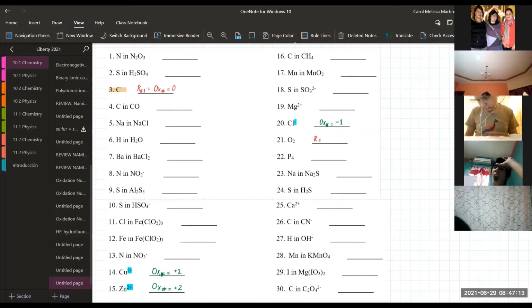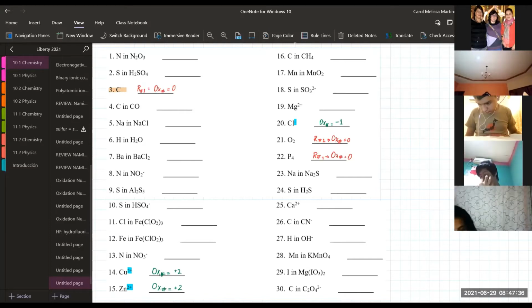Rule number 1: oxidation number equals 0 because they're not combined and they don't have any charge at all, okay? You see here, no charge because it doesn't have charge.